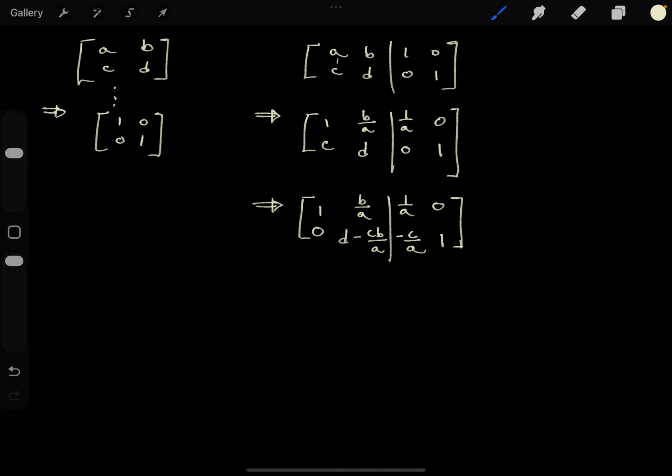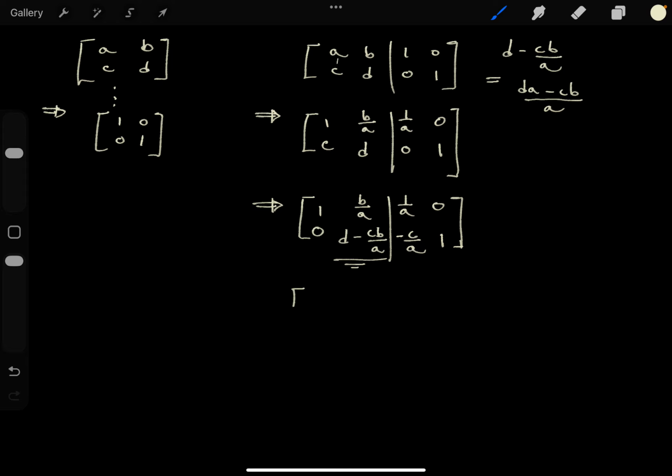And now I need to get this to being 0. So I'm actually going to first make this 1. So let's just do the math on the side. D minus CB over A is the same thing as DA minus CB over A. So if I want to make this 1, I need to multiply by A over AD minus BC.